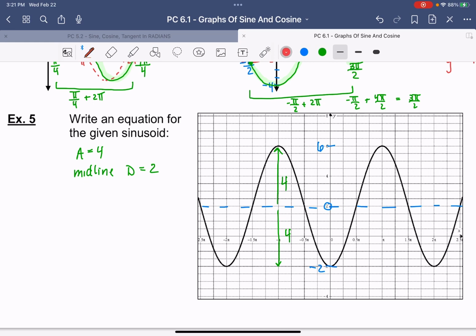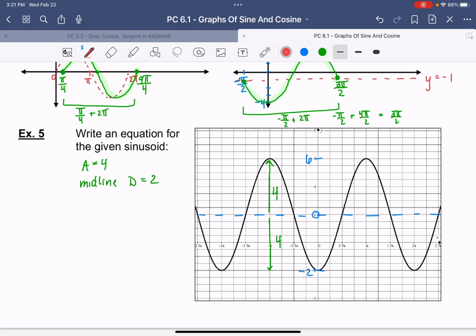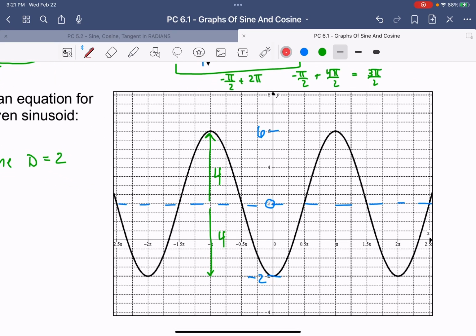And this is where you get to choose depending on which portion of the curve you're looking at. Kind of hard to see on this. Where's my axis? Right here. Okay. If I do no phase shift, it looks like I could look at this portion of the curve. Let me use a bigger one.